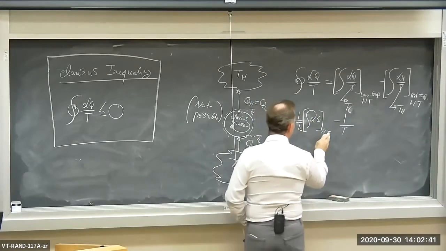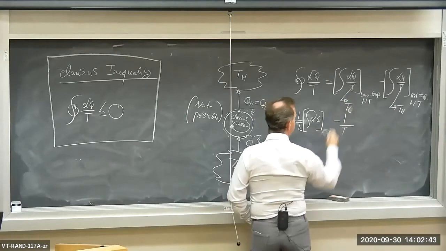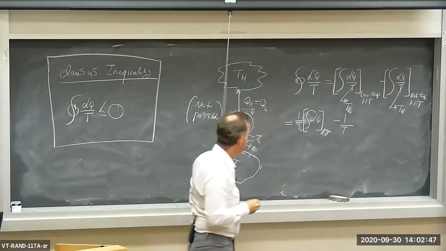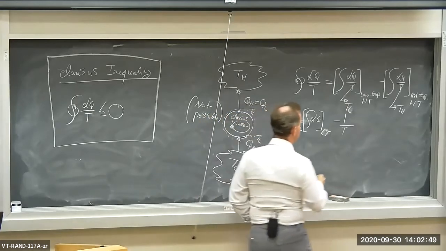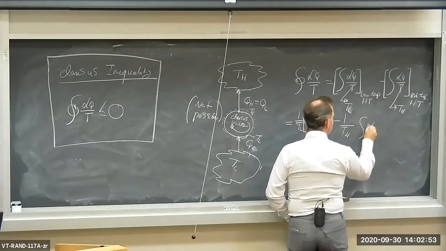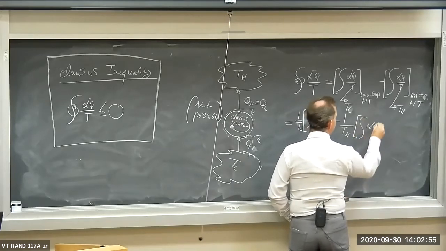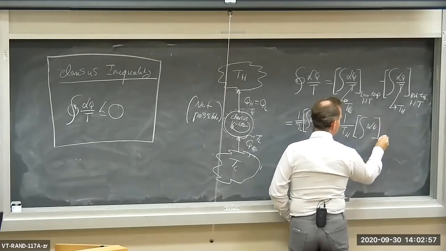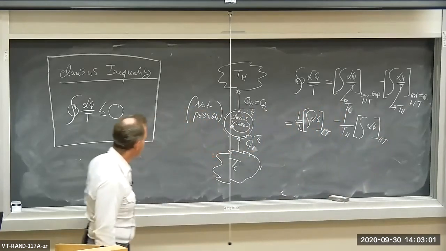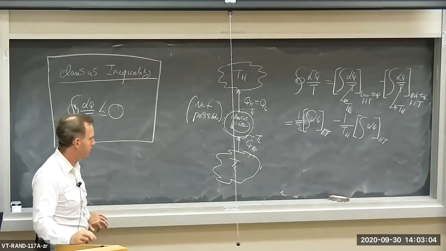I want to make sure I've got this correct. Low temp is where heat is being received, so this is the low temp heat transfer. This is the high temp heat transfer out of my system. Okay. Interaction temperatures are constant, so I pull them out of the integral.